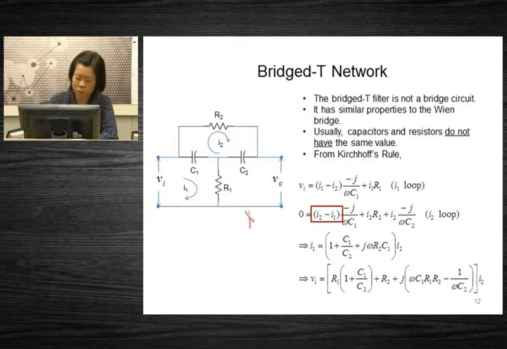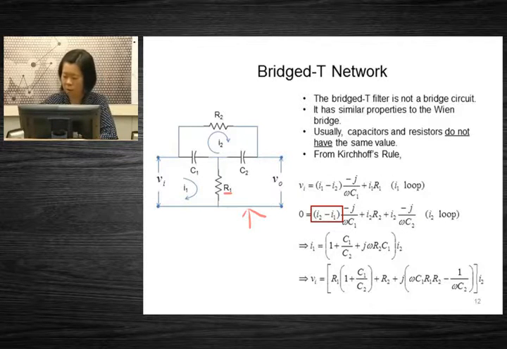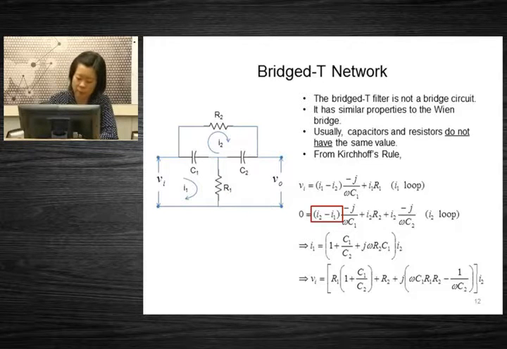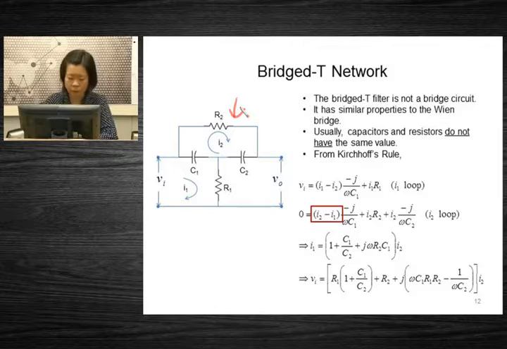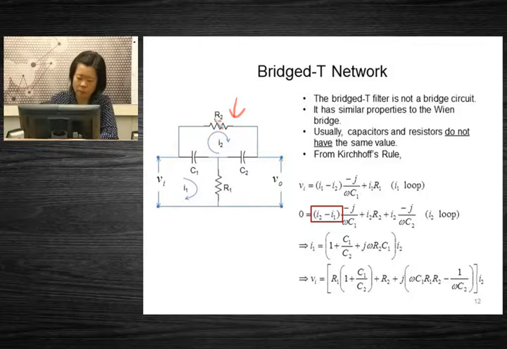Now for the I2 loop, that means the top loop, we have R2, C1, and C2. For C1, two currents are flowing, I1 and I2. For C2, only one current flows, that's I2.